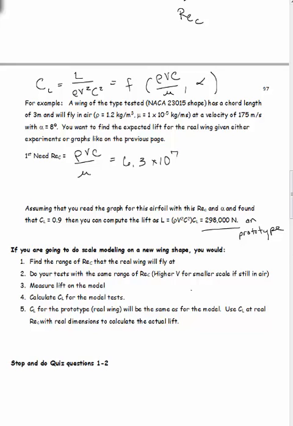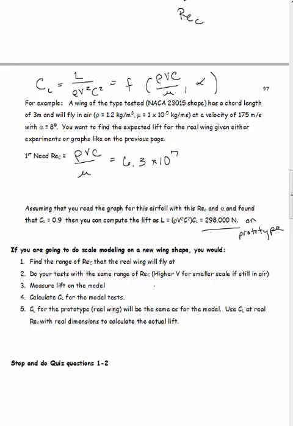And again, here's just the method that you use for this similarity. You want to first find the range of Reynolds number that the real wing would fly at, and then when you did the test, the model size test, you would get the same range of Reynolds number. Okay, that means you're going to have to probably scale up the velocity if you're still using air, or change the fluid or something in order to be able to test at those same Reynolds numbers on the model.